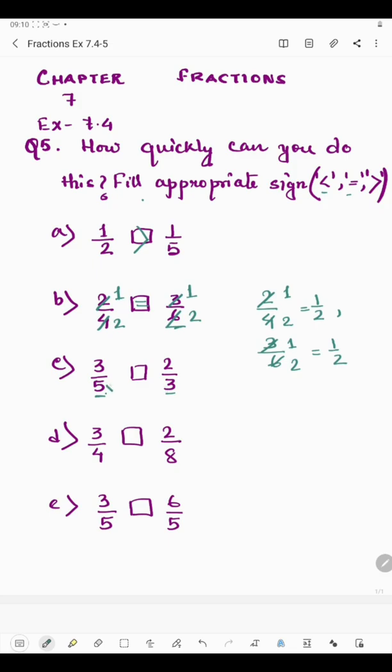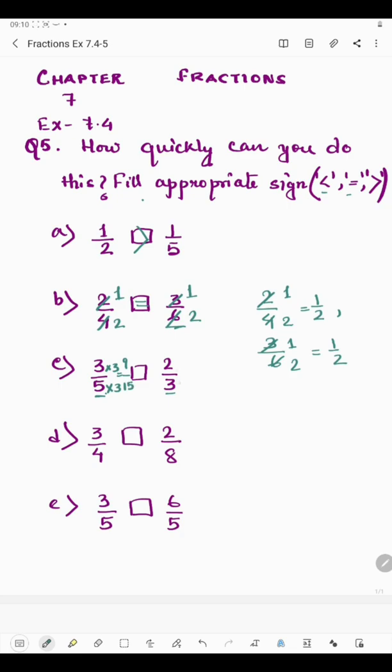So what should be multiplied by 5 to get 15? It's 3. And the same number is to be multiplied to the numerator, because in case of a fraction, if you multiply any number to the denominator, the same number is to be multiplied to the numerator as well. So here we are getting 9 by 15.